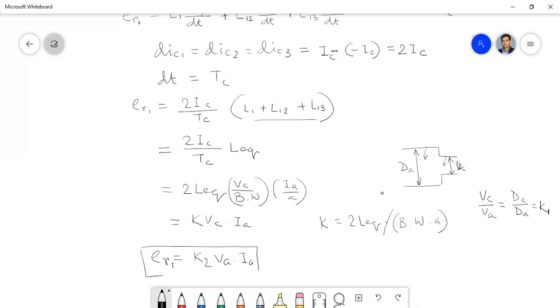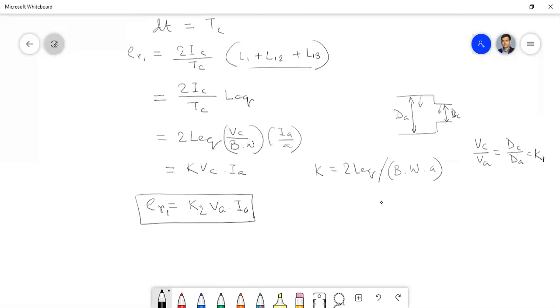So this is the expression of the reactance voltage, which will be developed or induced in the coil undergoing commutation. Is it clear?